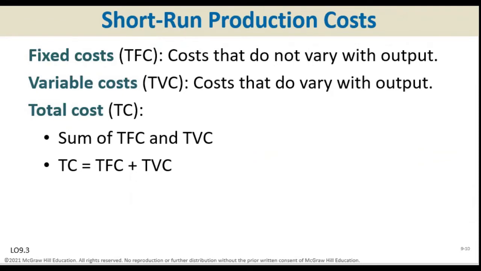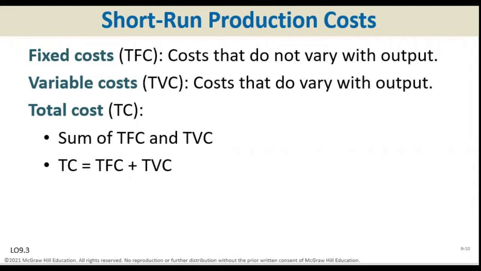So fixed, variable, and total cost are the short-run classification of costs, right? Because of the fixed cost, in the short run, cost can be variable or fixed. Examples of a fixed cost are the rental payment, insurance premium, or interest payment.